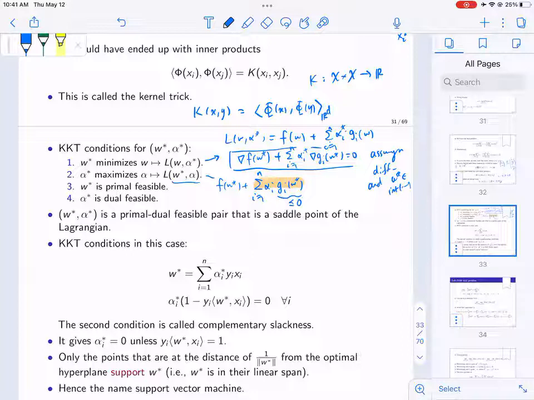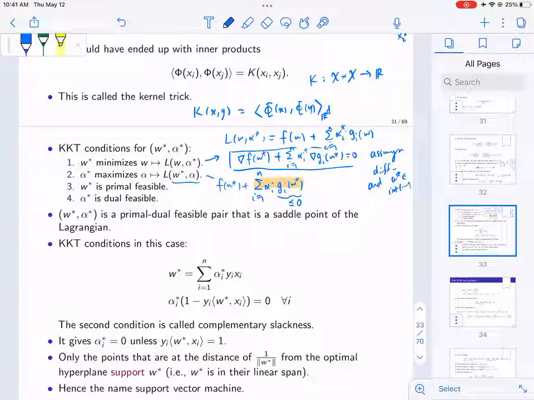If you have a function that is a non-negative alpha times something non-positive, the maximum is where this is exactly 0. Otherwise, if it is strictly negative, then because alpha is positive, the term could still increase up to 0.